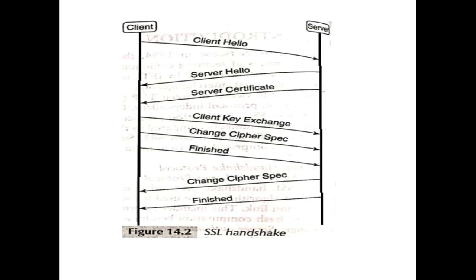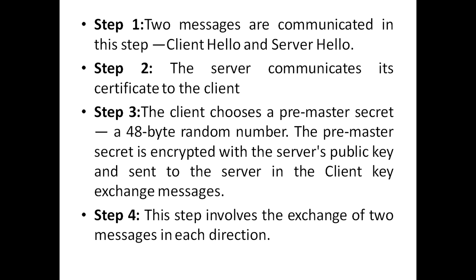Then the server sends change cipher specification and finished. What all these messages include we'll see in detail in every step. The first step has 2 messages communicated, that is client hello and server hello.